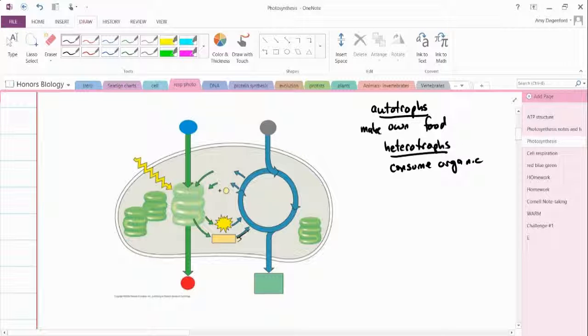Other animals, plants, fungi, protists, bacteria, they have to eat other organisms for food. So we would be heterotrophs. And of course, plants, algae, some bacteria are autotrophic. They're autotrophs. So now what we're going to start with is photosynthesis.